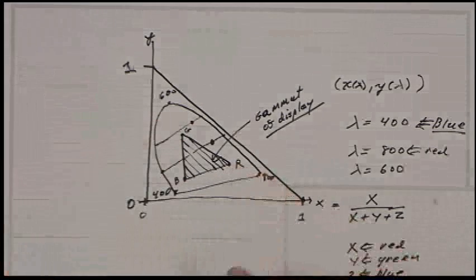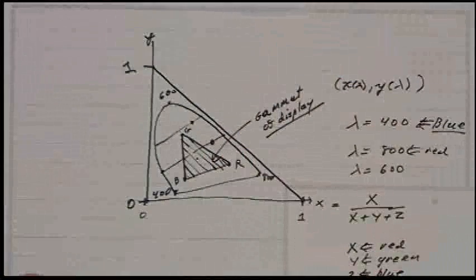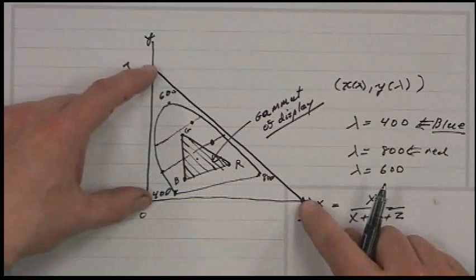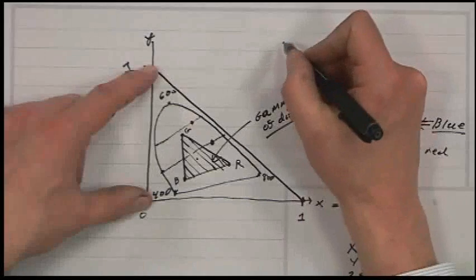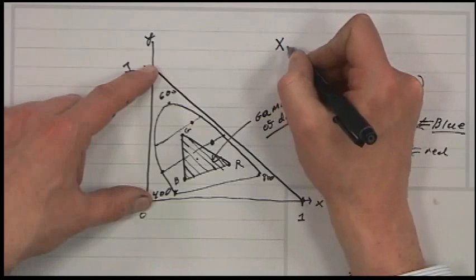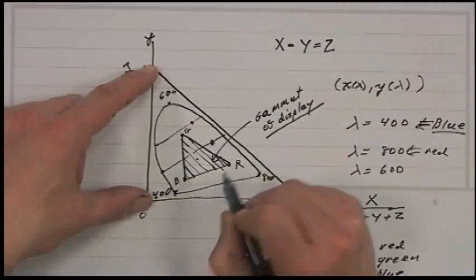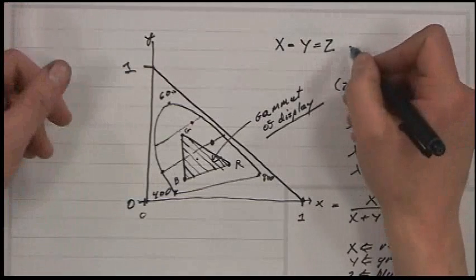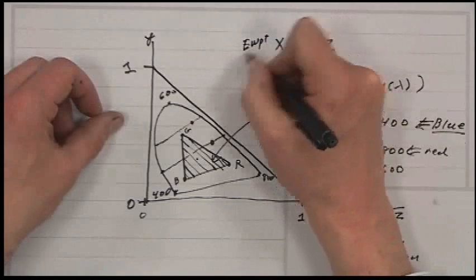Good. So now, white, by the way, is in the center. Equal energy white is X equals Y equals Z, right? It could equal 1, but equals any value. So this is the EE white point, okay?